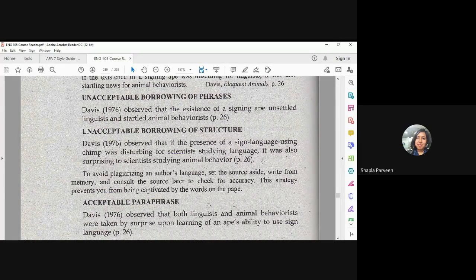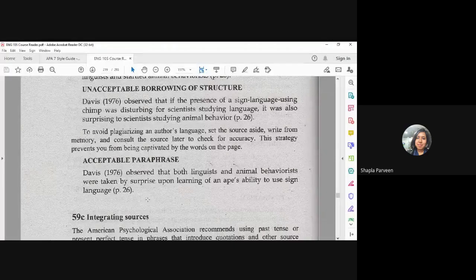So you'll be able to write in a different sentence structure. But if you have the book open, sometimes it becomes difficult to rephrase. So you should just read it, understand the concept, put the book aside, and then write it from your own understanding. Of course, you don't want to change the meaning because you're paraphrasing, but it should be in your own language with your own sentences.